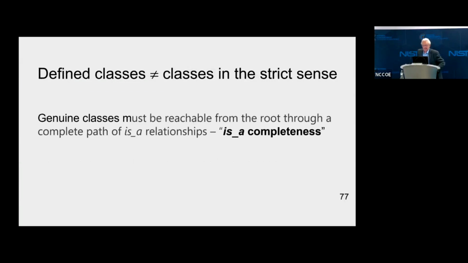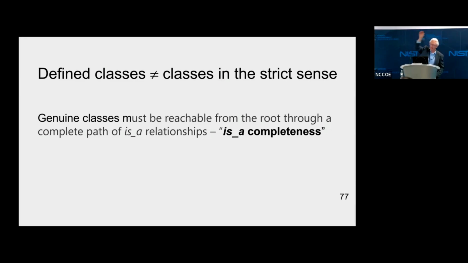All right, now, defined classes are different from universals, which are classes in the strict sense. One subtype of universal we discussed this morning, they are the types which Dusan invents in his laboratory and hopes that he will have instances one day. They are genuine universals already today, providing Dusan has a relevant power and so on, and resources and everything. Now, every genuine class must be reachable from the root of the ontology by a process of single inheritance is-a relations.